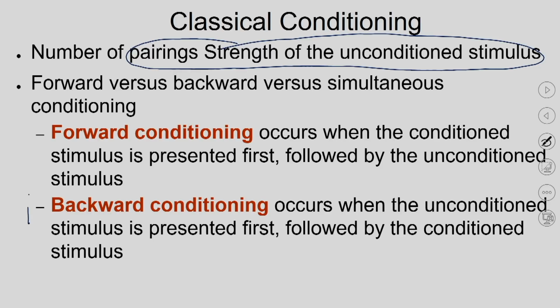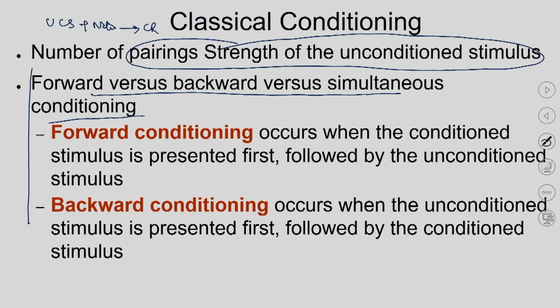Now, within this concept of pairing is the idea of forward versus backward versus simultaneous conditioning. Remember I said that the unconditioned stimulus is paired with the neutral stimulus to give something called the conditioned response. The sequence in which this pairing happens, when the unconditioned stimulus should come and when the neutral stimulus should come, is what forward and backward conditioning is.